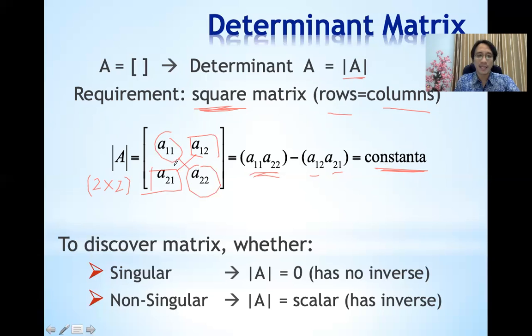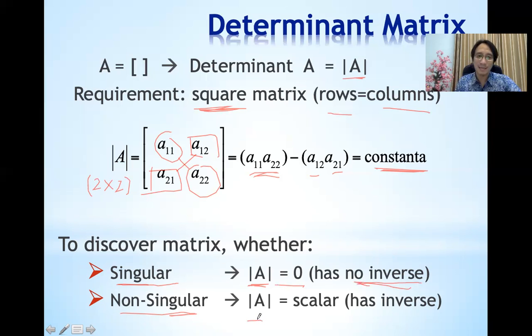One of the objectives is to discover whether the matrix is singular or non-singular. To define a singular or non-singular matrix, we can look at the value of the determinant. If the value of the determinant is 0, then the matrix is called singular, which means that the matrix has no inverse.